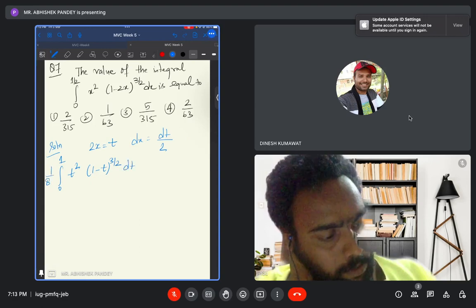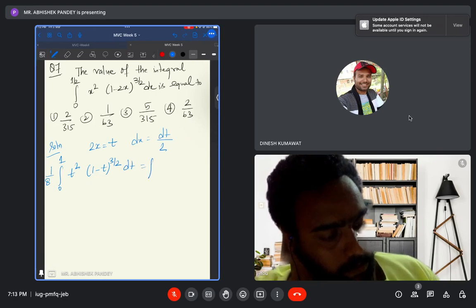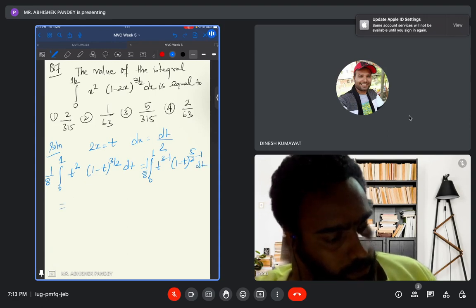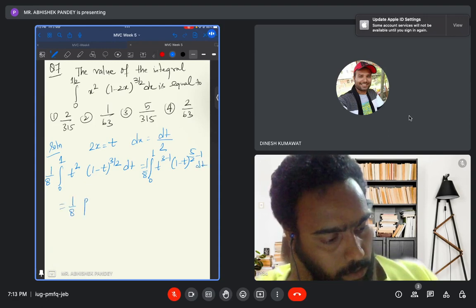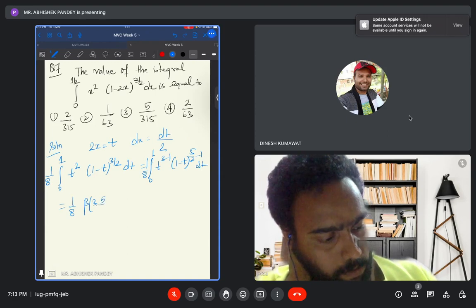So this is nothing but 1 by 8 into integral 0 to 1 of t to the power 3 minus 1, 1 minus t to the power 5 by 2 minus 1 dt. So this is nothing but 1 by 8 beta of 3 comma 5 by 2.